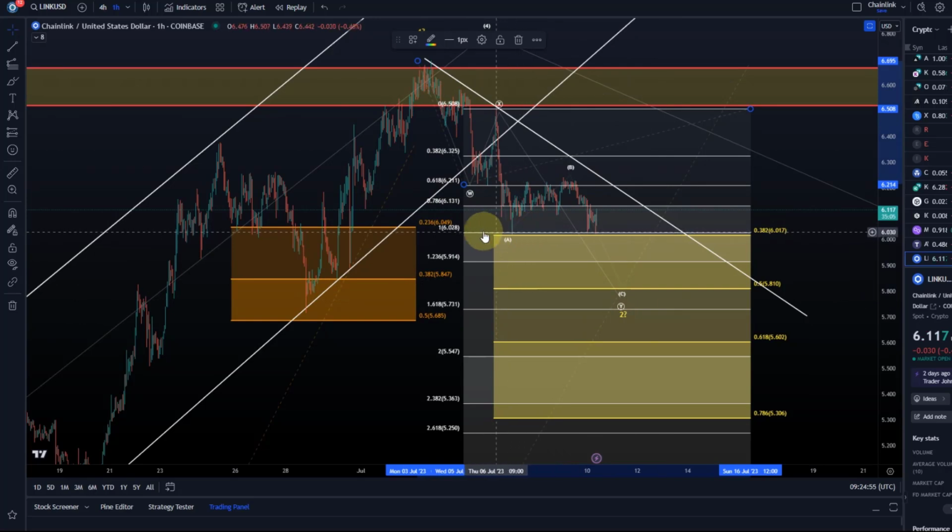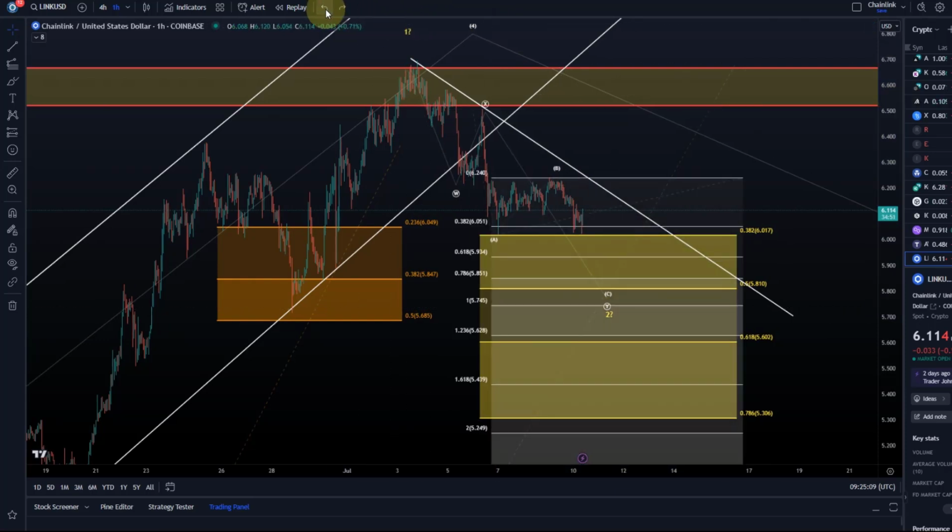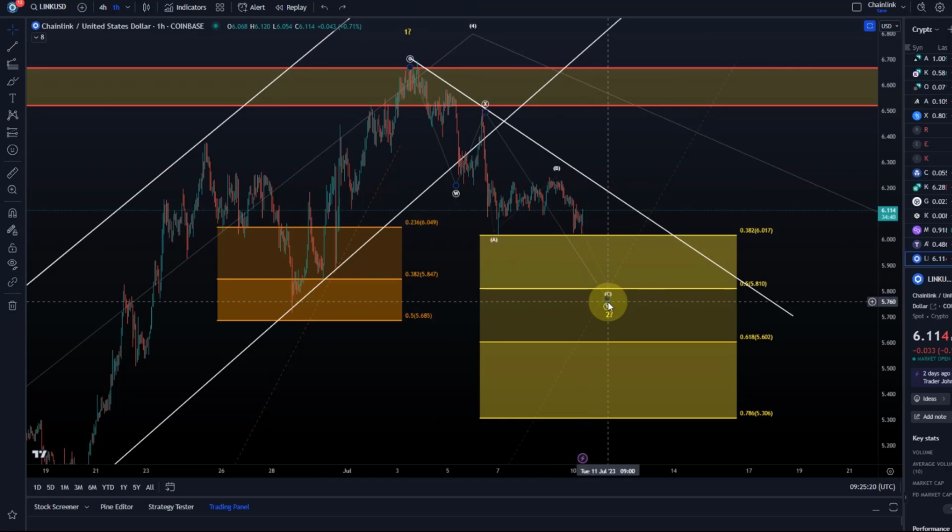So also here we have the 100% extension as possible target. That would be a bit short though, because again, the C wave would normally go below the A wave low. So another extension target here is 573 that you could look at. That's the 1.618 extension. If we compare that with the other extensions I just showed you, that's an overlap with a 100% extension measured the other way. So 573, 574, certainly a level to watch.